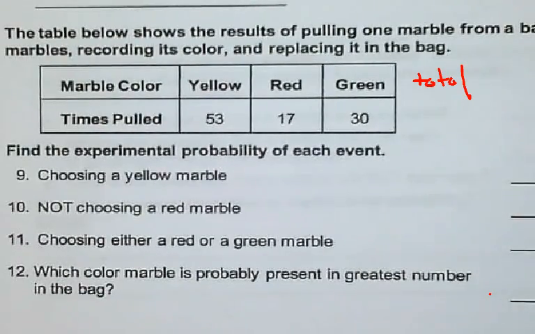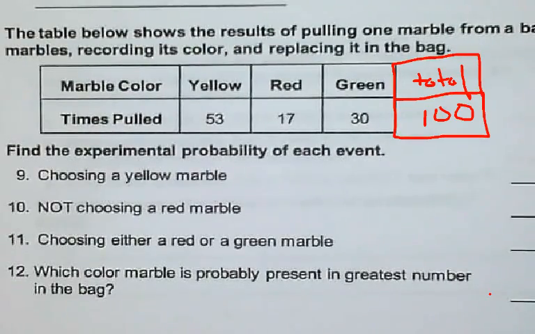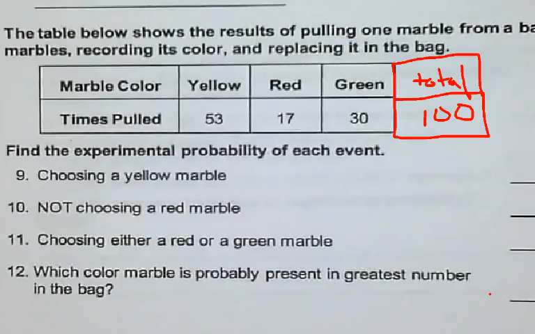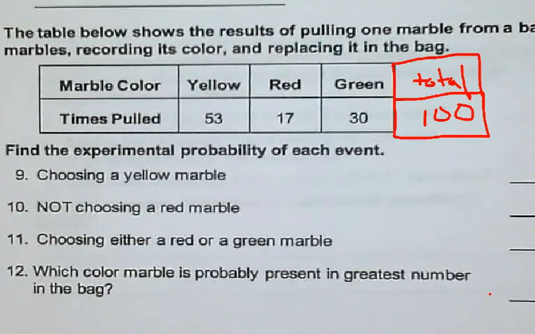So we have to add 30 plus 17 plus 53. So you have to add them together. That's 100. Oh, well, that was nice. So the total times that they did this experiment was 100. Total times. So what's the probability that I get a yellow? Well, it's what you want to have happen. Remember, what you want to have happen is on top.